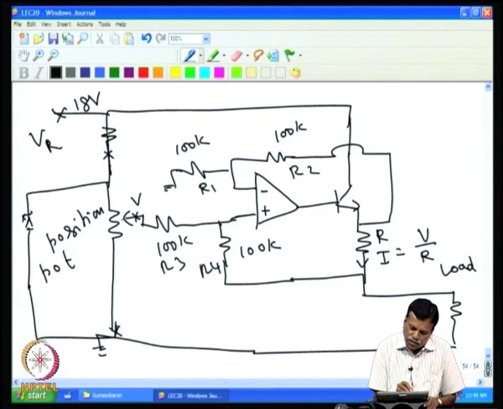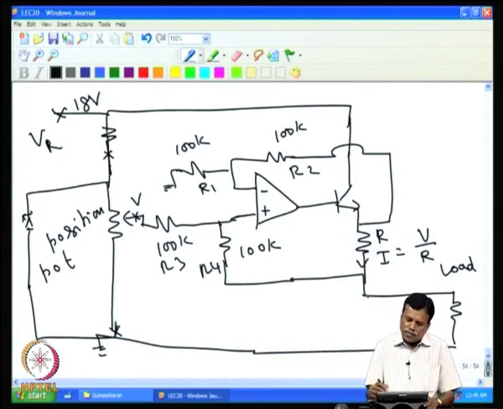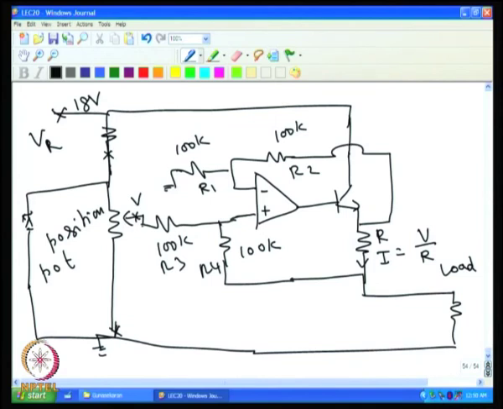Then the loading effect will not be there. In that case, this relation is true, and the current flowing depends on this V. When we increase V, the current increases or decreases accordingly.